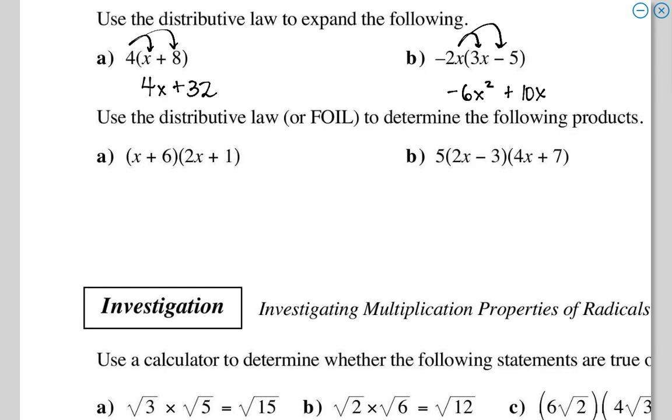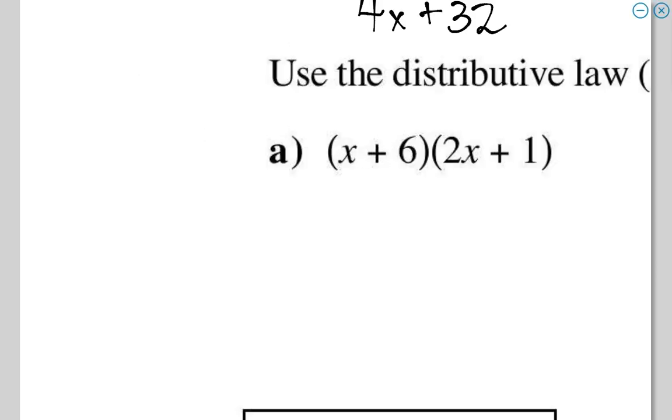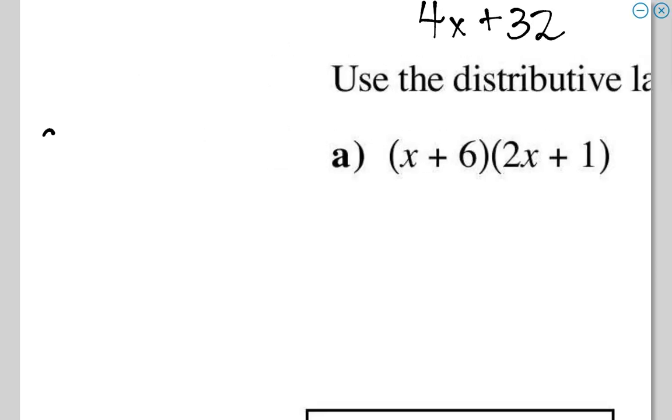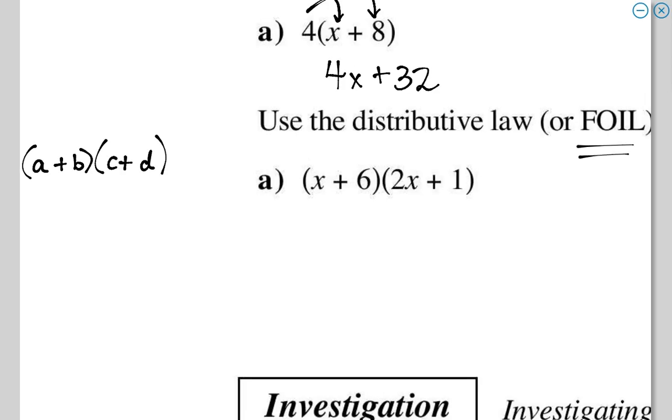What happens when it's a binomial times a binomial? So off on the side here, let's just do it in general. A plus b times c plus d. You guys see this acronym over here, FOIL? So that would be the first. What's the first? A times c.